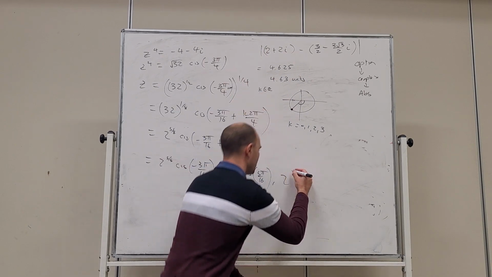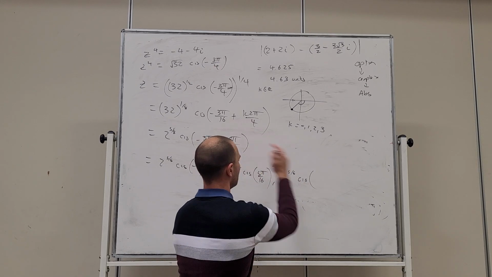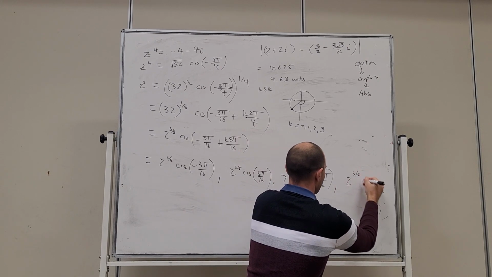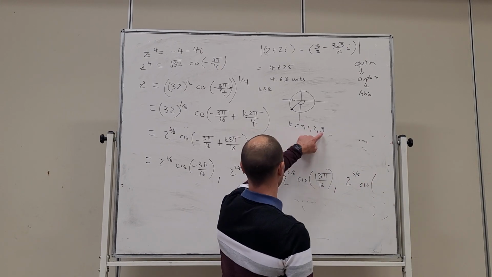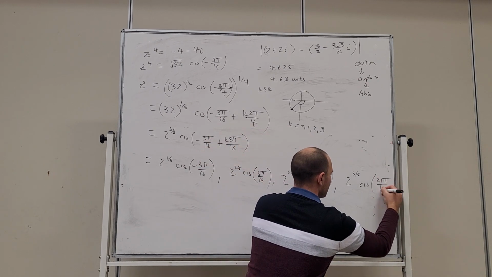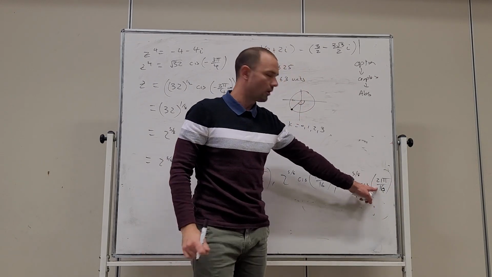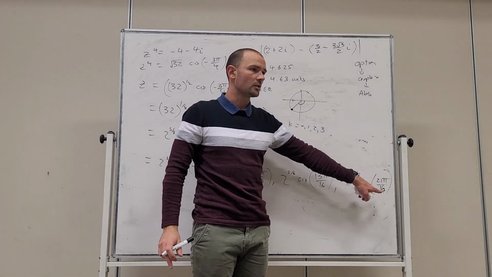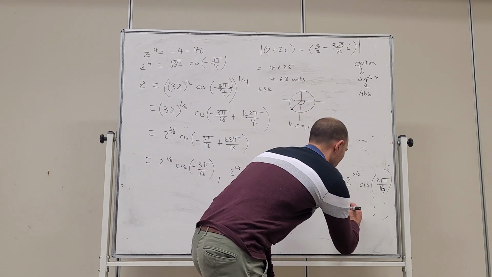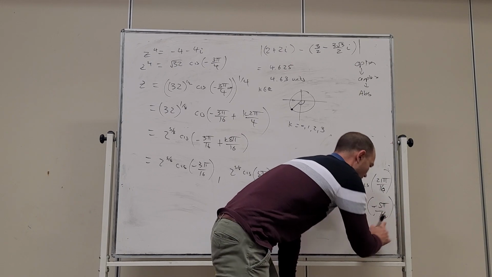2 to the power of 5 on 8, cis of minus 3 pi on 16. Positive 13 pi on 16, and 2 to the 5 on 8 cis. When we put in 3, we'll have 21 pi on 16, and here we've exceeded the domain of positive pi, so we're going to take away 2 pi from that one to obtain minus 5 pi on 16.